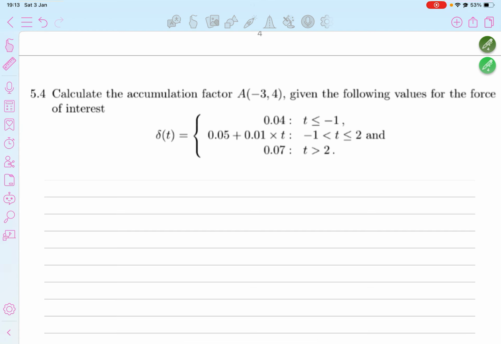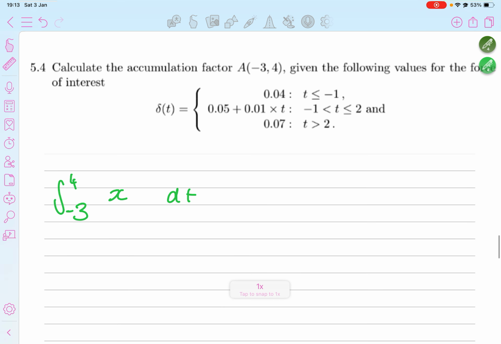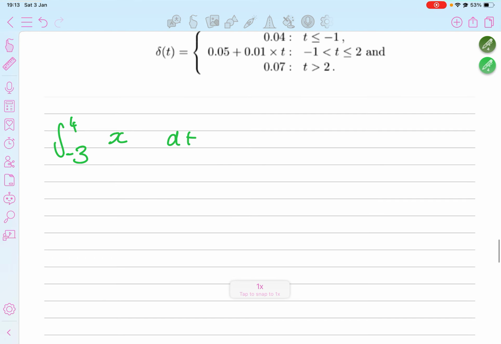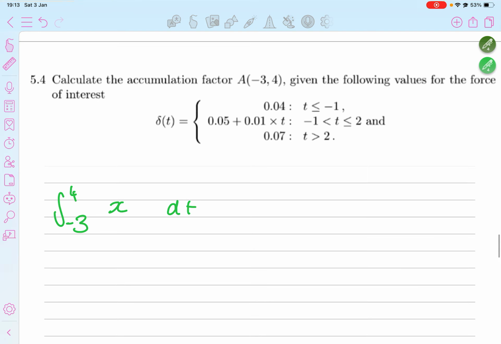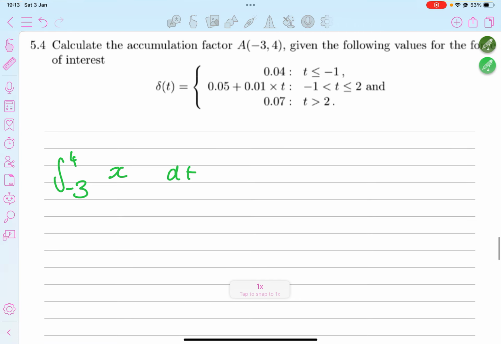So overall we want this integral of the function dt, but this is split into 3 parts. So for t less than minus 1, that will be between minus 3 and minus 1.